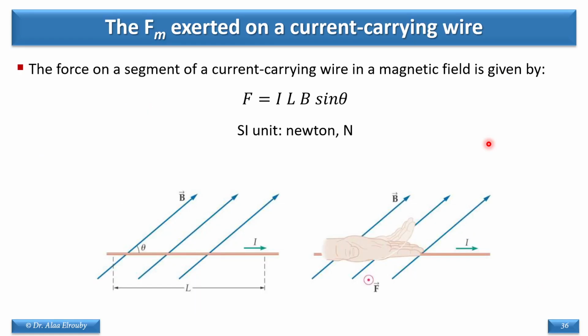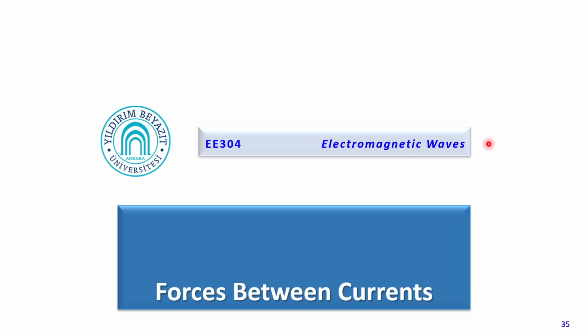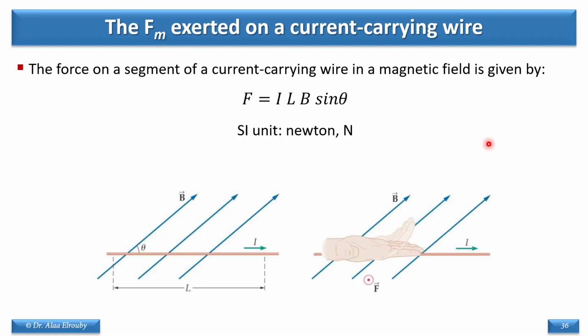Another topic that is related to the magnetic field and current flowing in wires is the force between current carrying wires. So if we have a current carrying wire in this direction, we know that the magnetic field will be in the direction perpendicular to the current, and putting our thumb along the direction of current, our fingers will show the direction of rotation of the magnetic field.